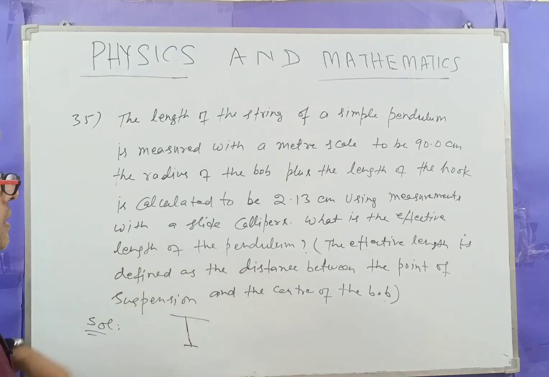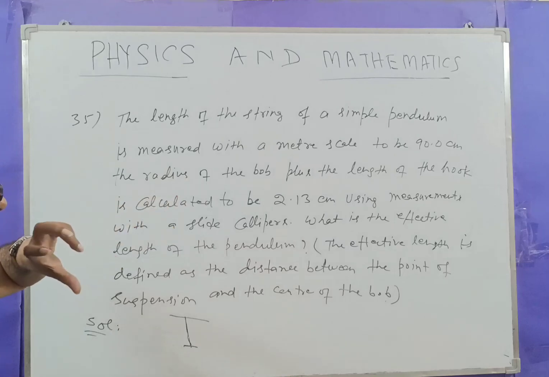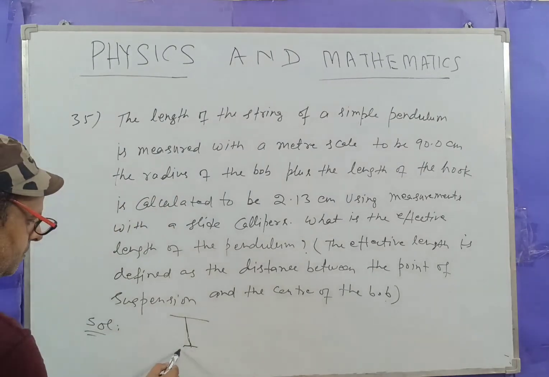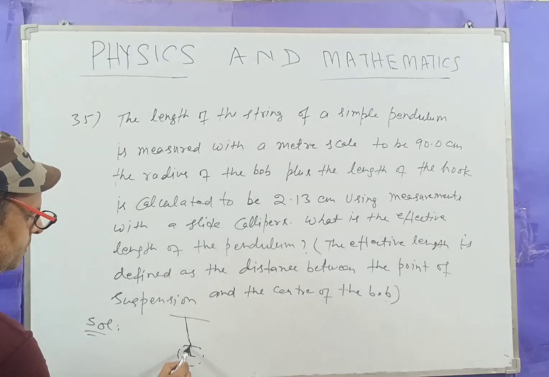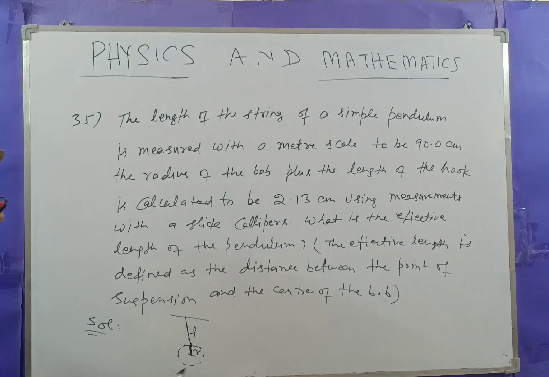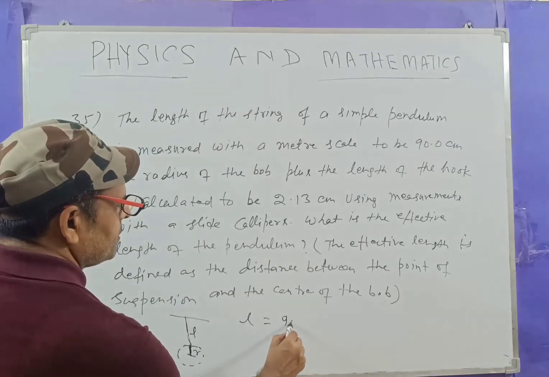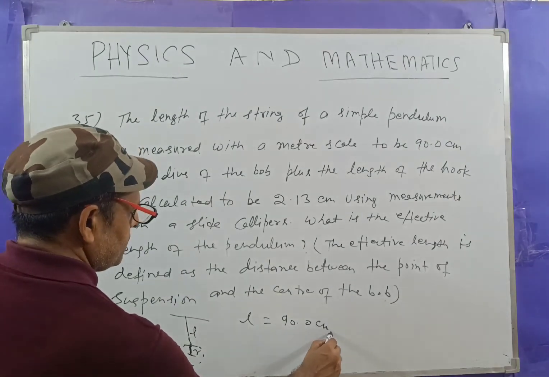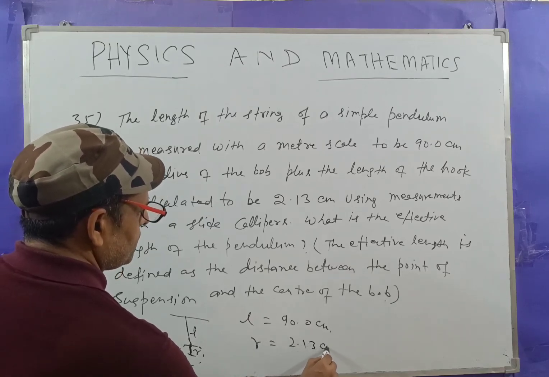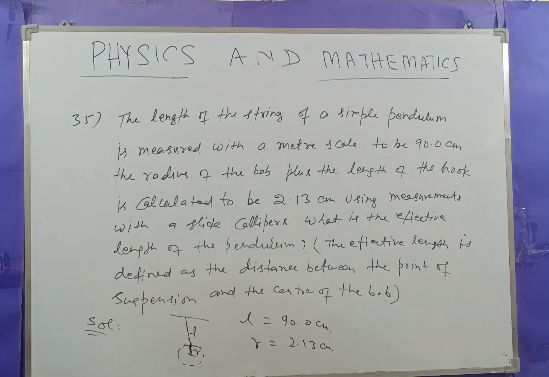Okay, and the radius of the bob plus the length of the hook. This is the radius. This is the length. This is the radius. Means length is given to be 90.0 centimeter and radius is given 2.13 centimeter. Okay.